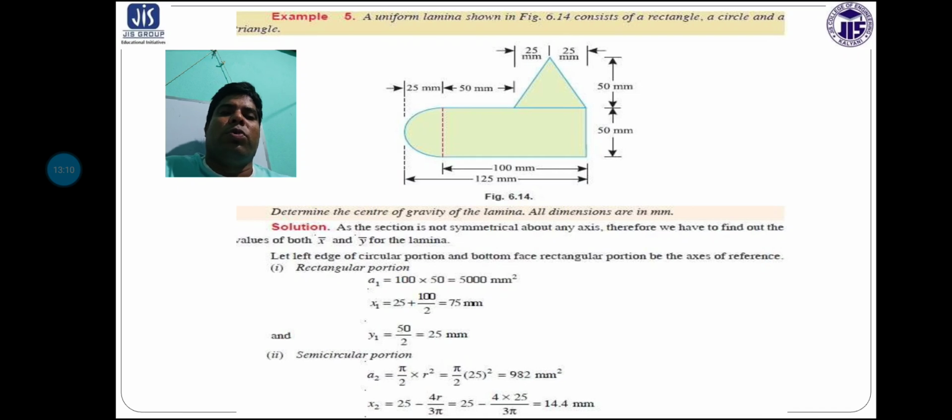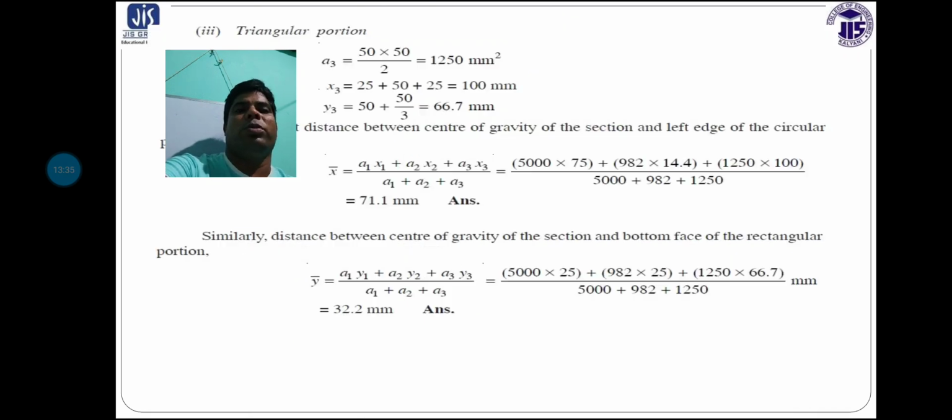For the semicircular portion, A2 is equal to pi by 2 r square, that means 982 millimeter square. X2 is equal to 25 millimeter minus 4r by 3 pi, so that will be actually 14.4 millimeter.